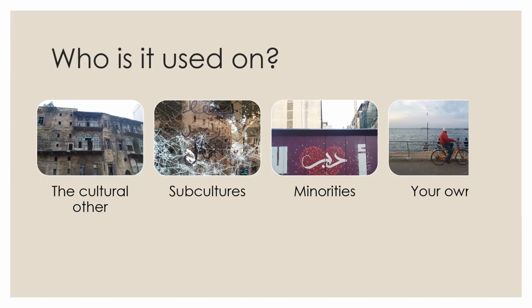A second target is subcultures, and this is a strong one. Subcultures, by definition, are cultural groups that have beliefs or politics that are different from the norm or the majority. And in many places, subcultures are connected to, they could be any subcultures.